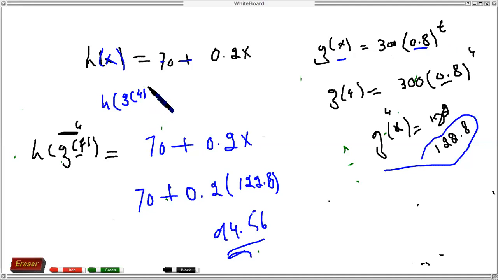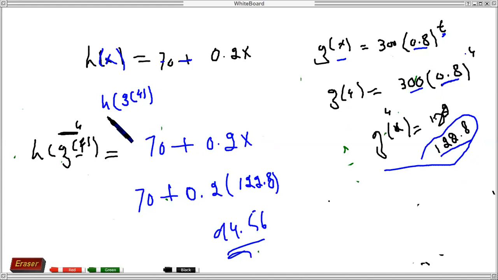This means that first put the value of 4, t is equal to 4. So g of 4, 300 times 0.8 power t, t replace with 4. So 0.8 power 4, then multiply with 300 equal to 122.8.